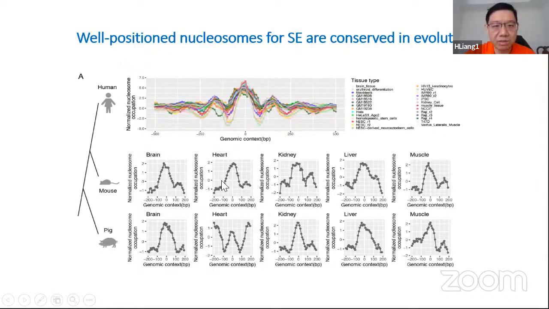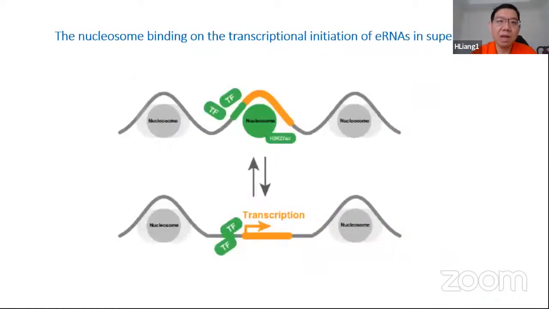You generally can see that when you have this nucleosome position, you see the peak. That means even though this enhancer signal is not conserved in sequence, the underlying control position is actually highly conserved.